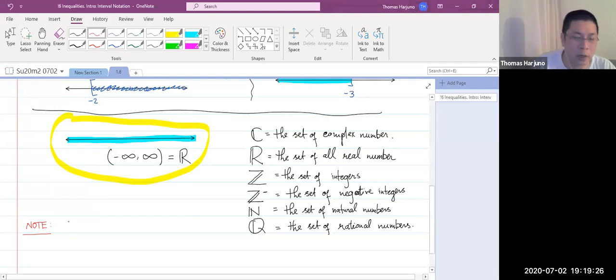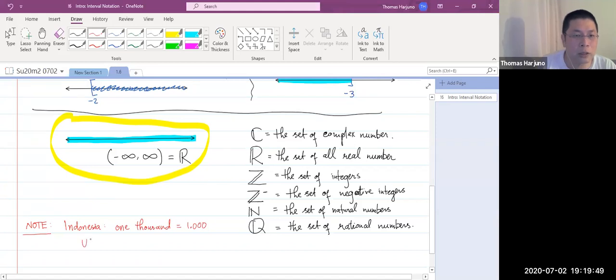One thing, for example, just to let you know, in Indonesia, where I came from, when we write 1,000, we actually write it as 1.000. That's in Indonesia.